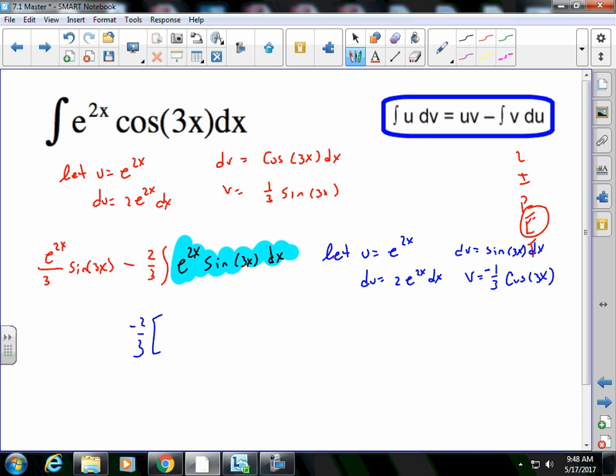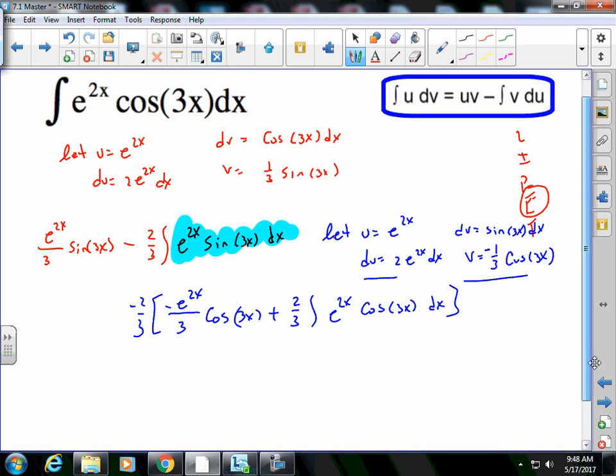My u times v, minus e to the 2x all over 3 cosine 3x. Subtract my v du. Well, there's a negative 1/3, so I have a negative, and then my v times du. When I combine that, I get a 2/3 integration e to the 2x cosine 3x dx.